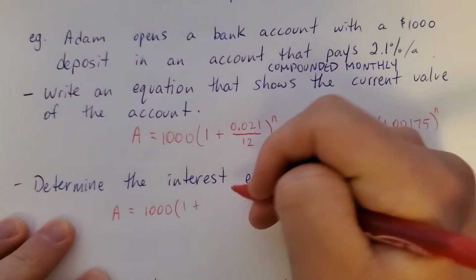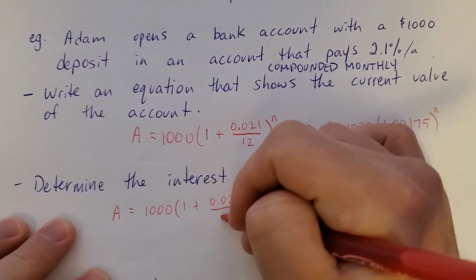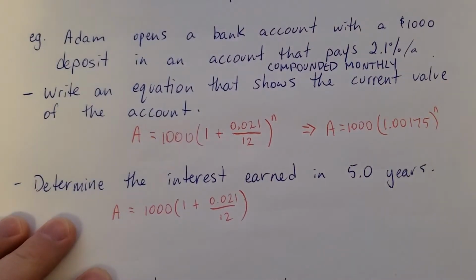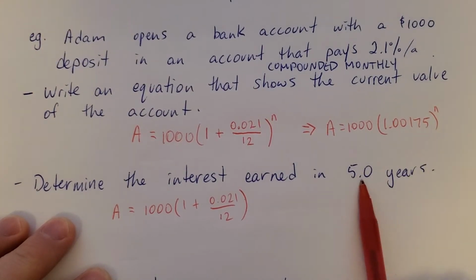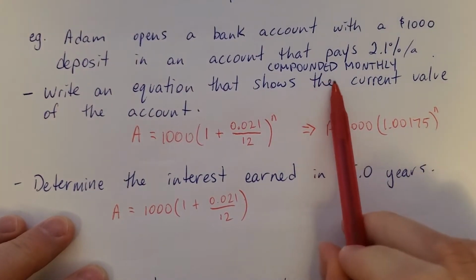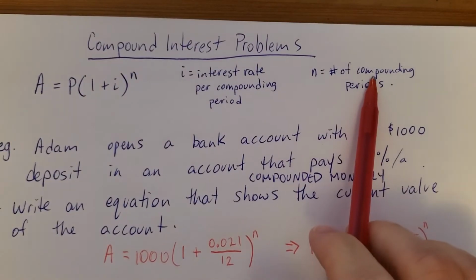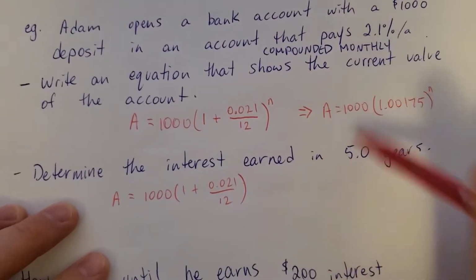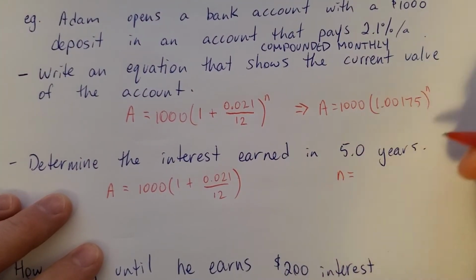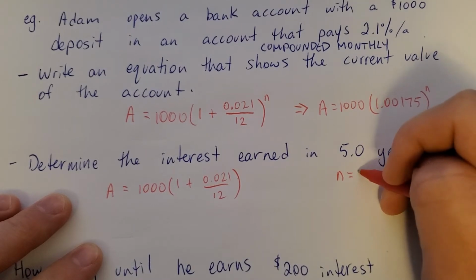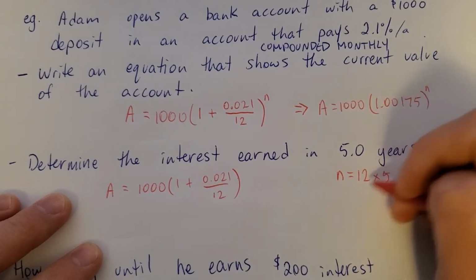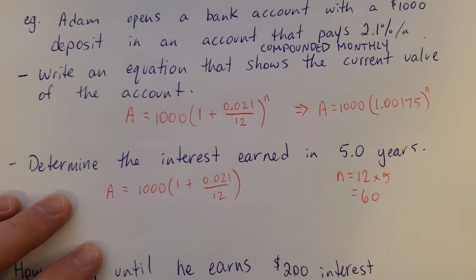I'm just going to leave it like this because I like it. We just got to know what N is now, what the exponent's going to be. So 5 years, compounded monthly. Remember, N is the number of compounding periods. We saw yesterday that you got to take the number of times it's compounded per year times the number of years. So N's going to be 60 in this question.